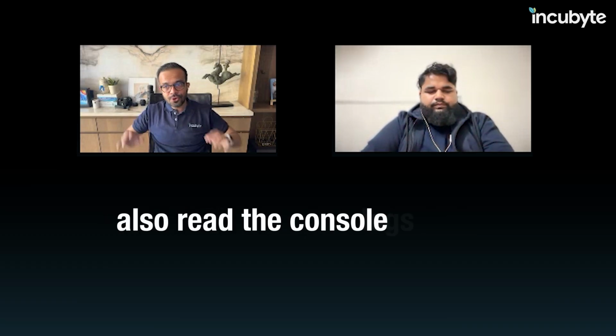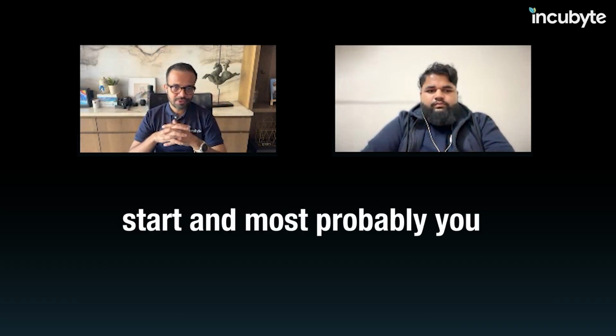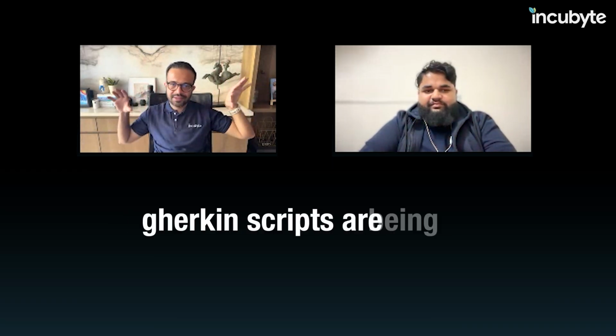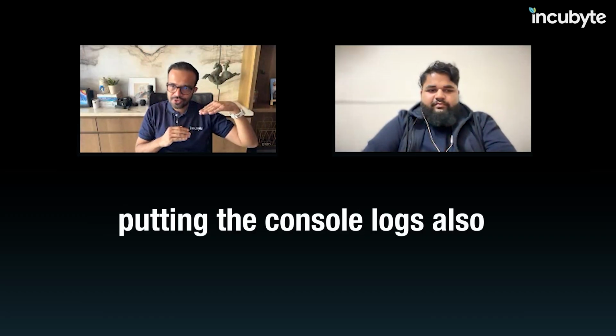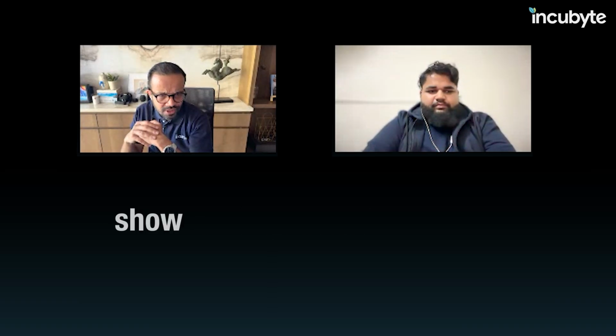But as I do that, now what we are saying is, could you also read the console logs so I can get the errors? My imagination is going wild now. As my Gherkin scripts are being executed, I can start putting the console logs also if I find errors over there. So that'd be awesome.